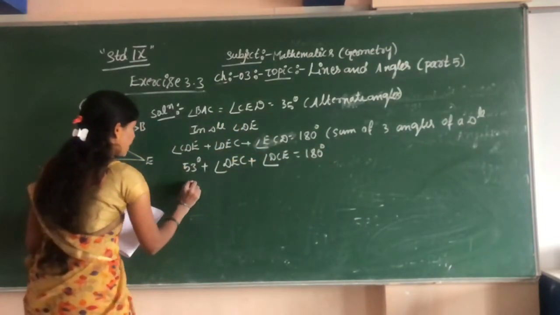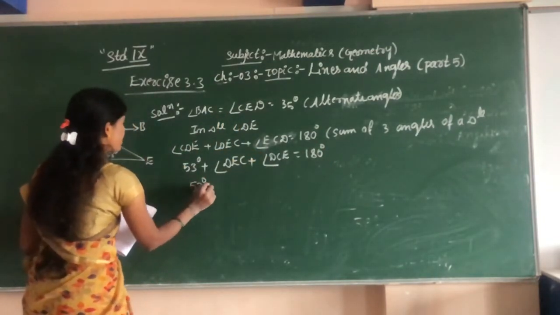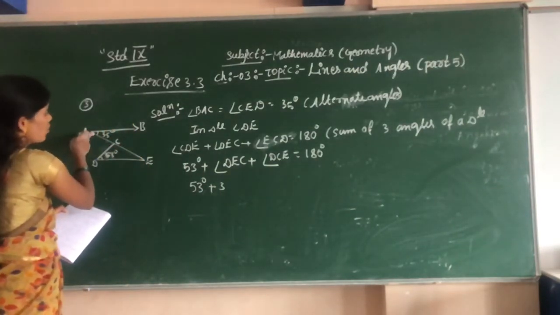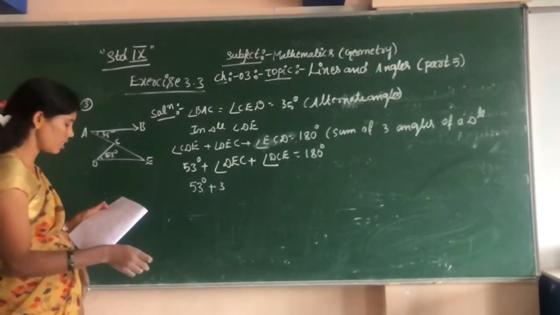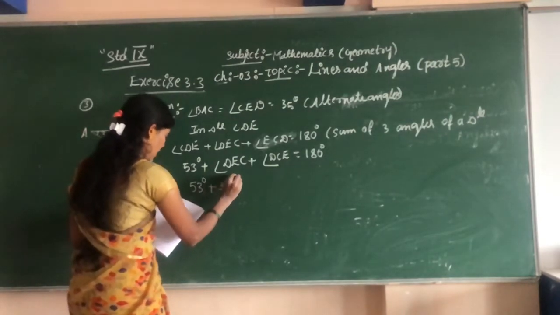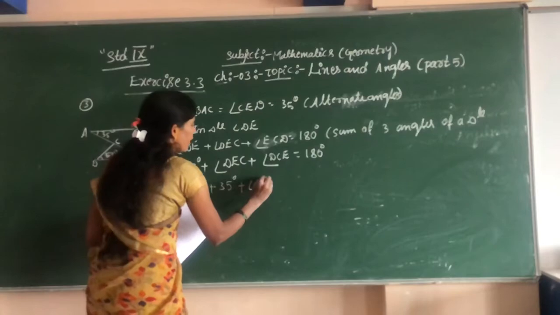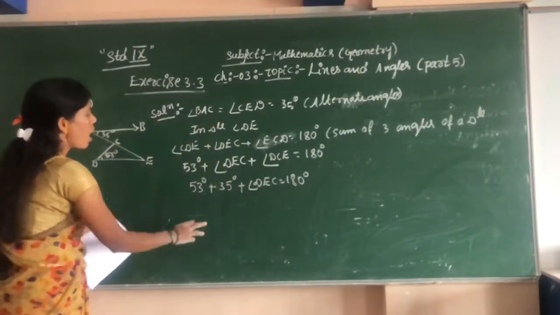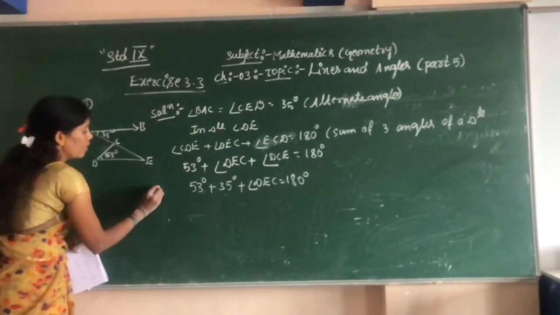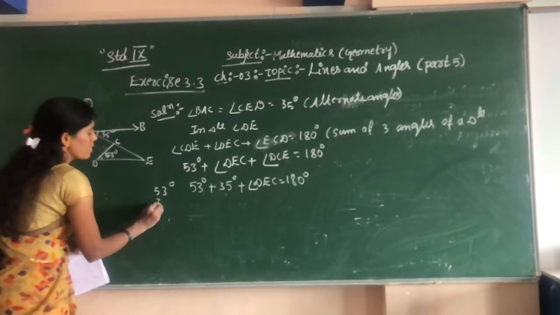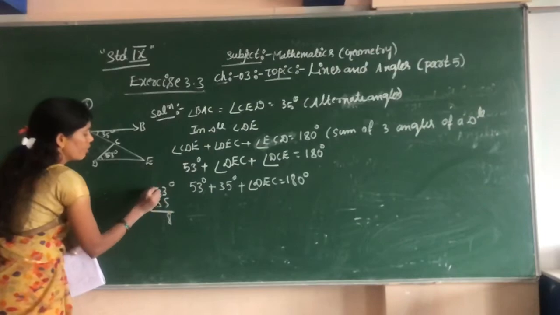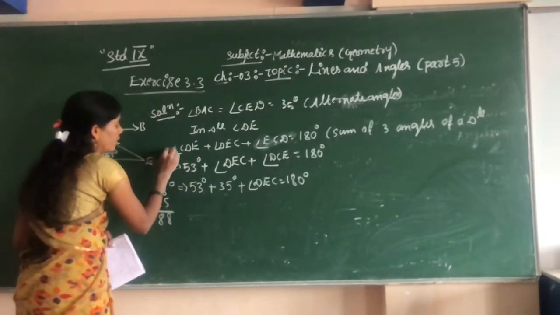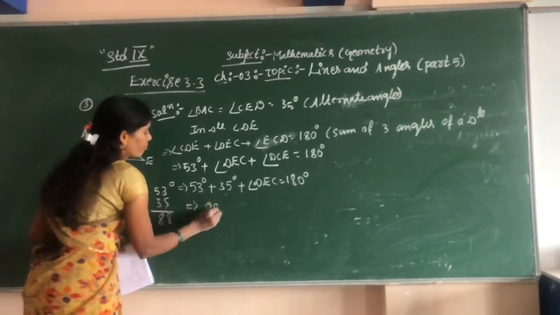In 53 degrees plus 35 degrees, here at C only one straight line is coming, so 35 degrees plus angle DEC is equal to 180 degrees. Okay, you should add 53 plus 35. 5 plus 3 is 8, 3 plus 5 is 8: 88 degrees.